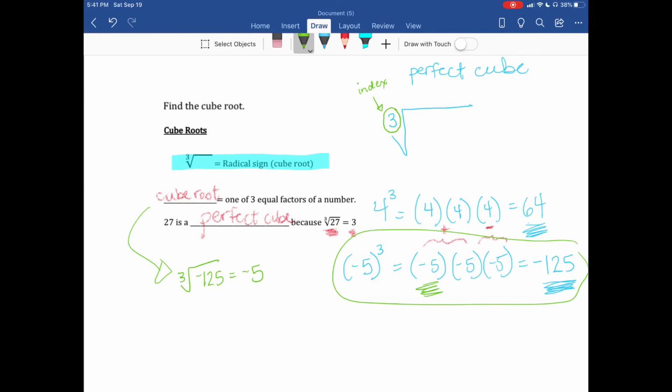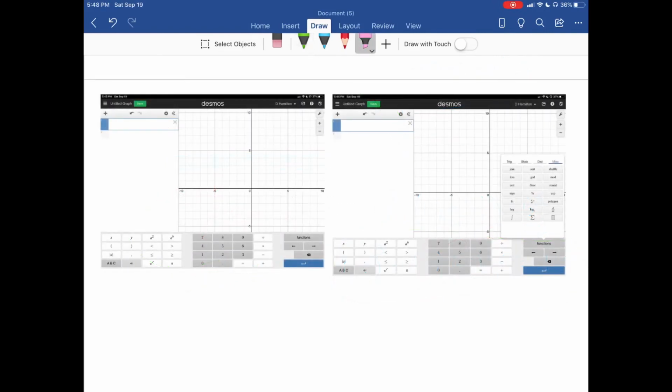Let's do some of these on Desmos. Before we start typing in our cube roots, the one thing I want to walk you through, looking at the first of our slides for Desmos, is that we're no longer going to use the radical sign, because that's only for square roots. So we're going to have to go to functions.